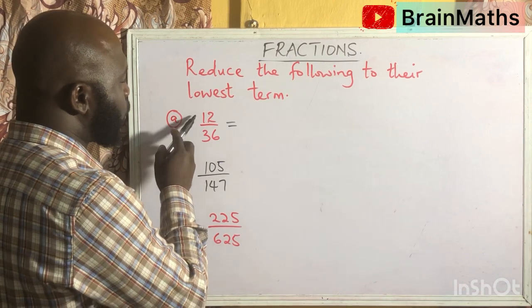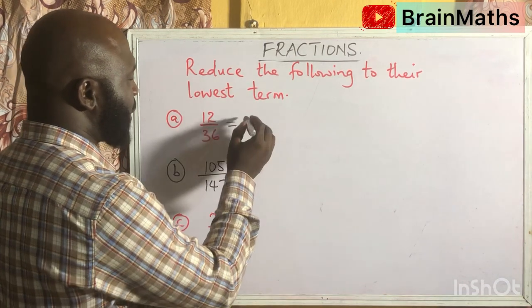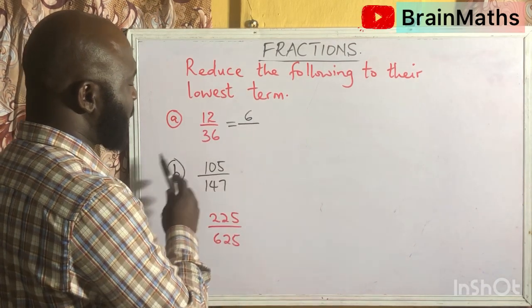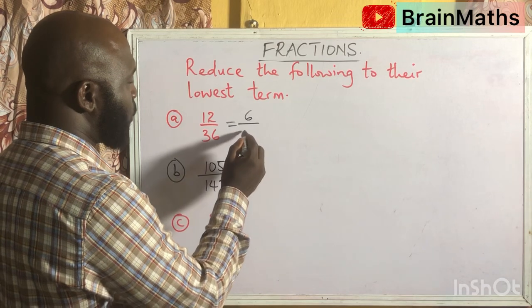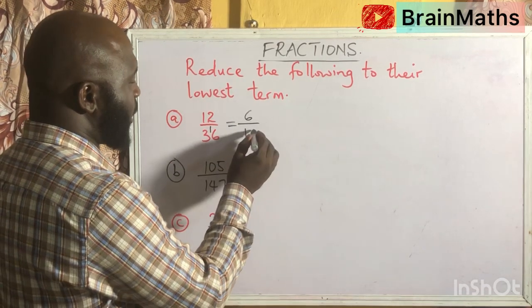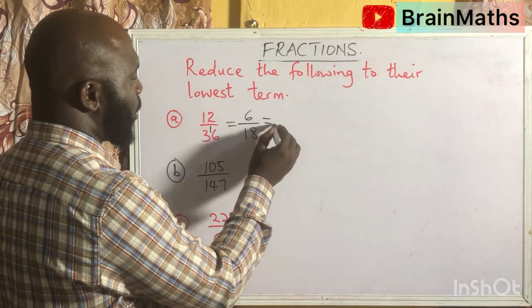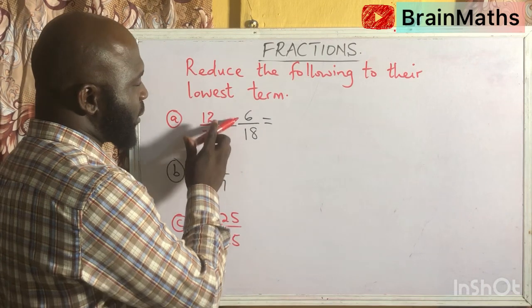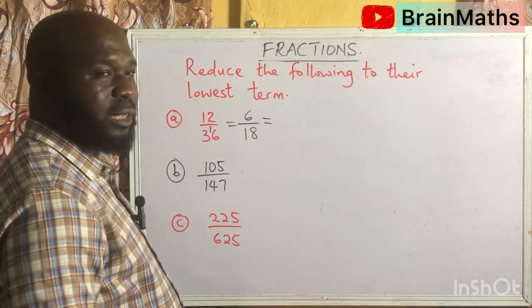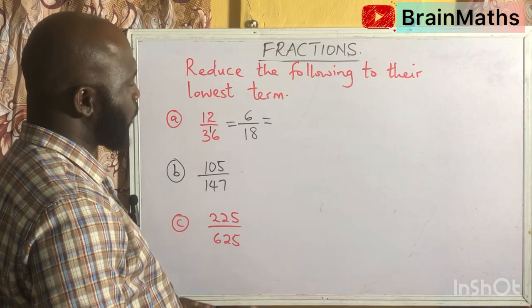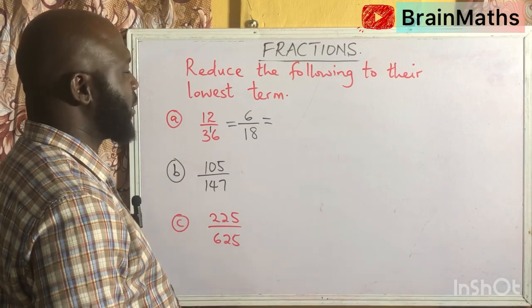So how many 2s can we get in 12? That is 6. Over how many 2s can we get in 36? In 3 we get 1, remainder 1. In 16 we get 8. If you look again, we see that 6 and 18 can still be divided by 2, 3, and then 6 itself.